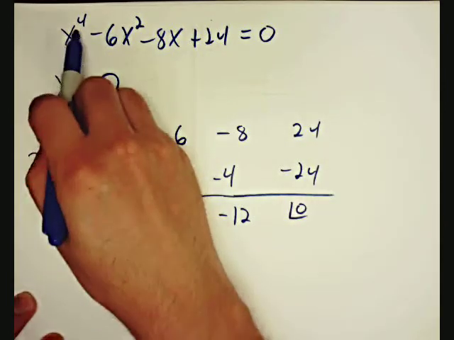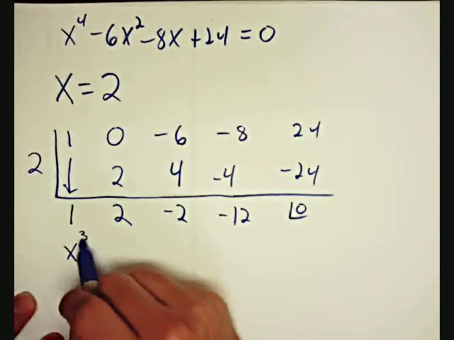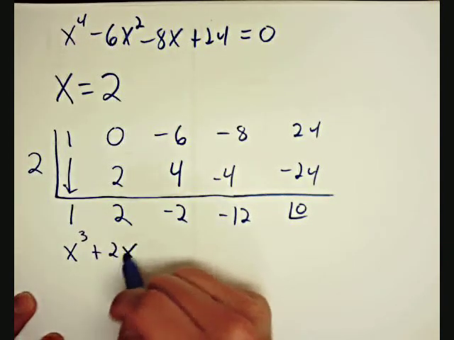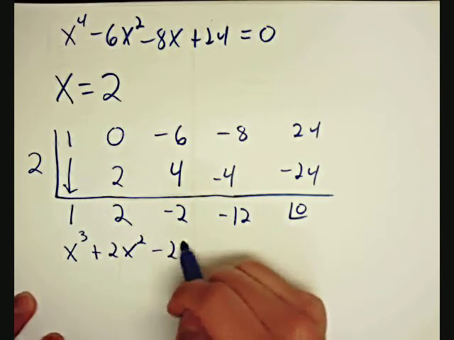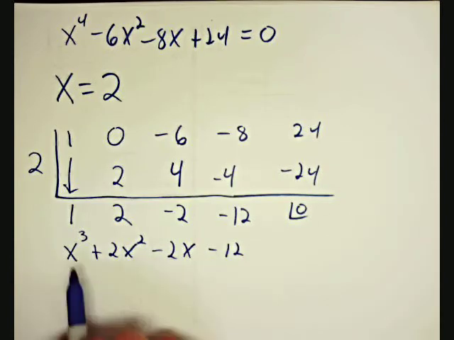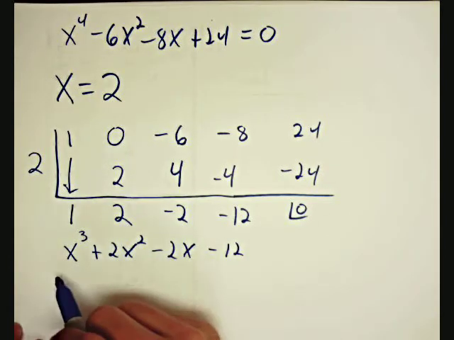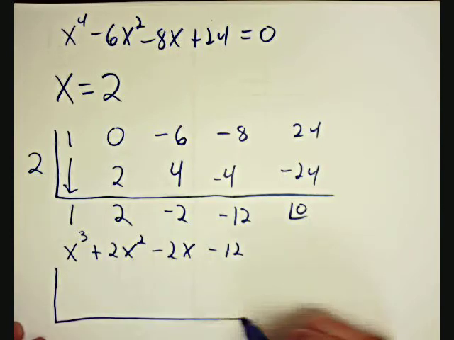We started with x to the 4th power, so this is now 1x cubed plus 2x squared minus 2x minus 12. Since 2 was a repeated 0, repeated twice, that means we can use this polynomial to do synthetic division again, using 2 again.